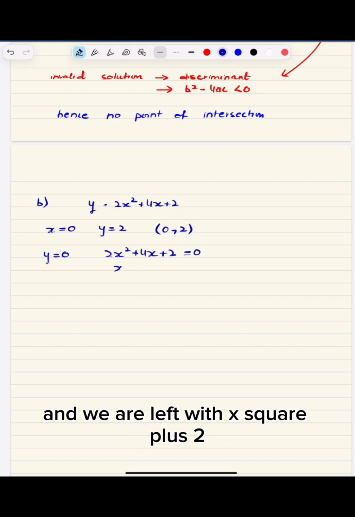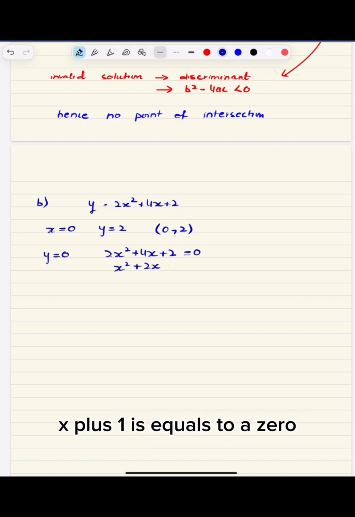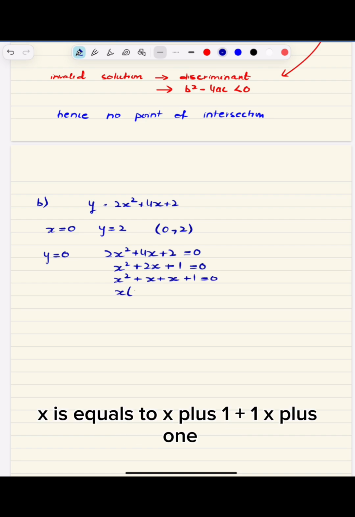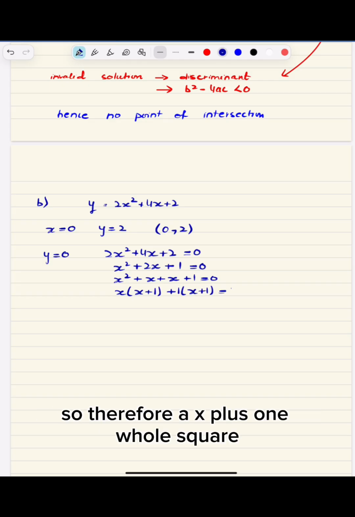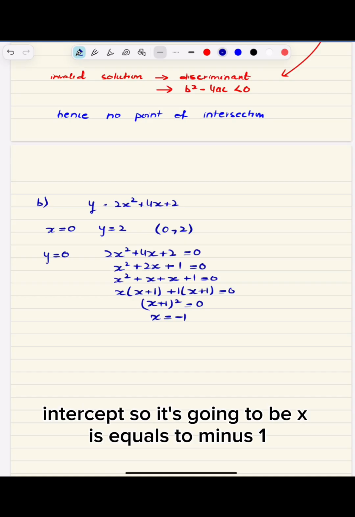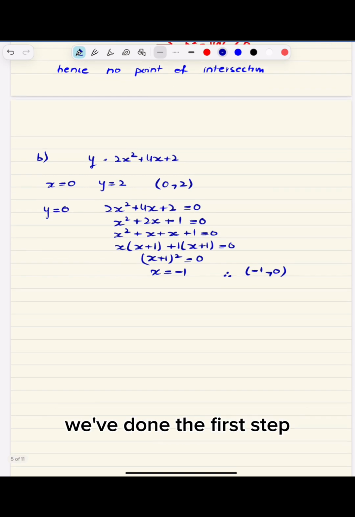And we are left with x squared plus 2x plus 1 equals 0. x squared plus x plus x plus 1 equals 0. So x plus 1 times x plus 1, therefore (x plus 1) whole squared, and therefore we have just one intercept. So it's going to be x equals minus 1 and y equals 0.